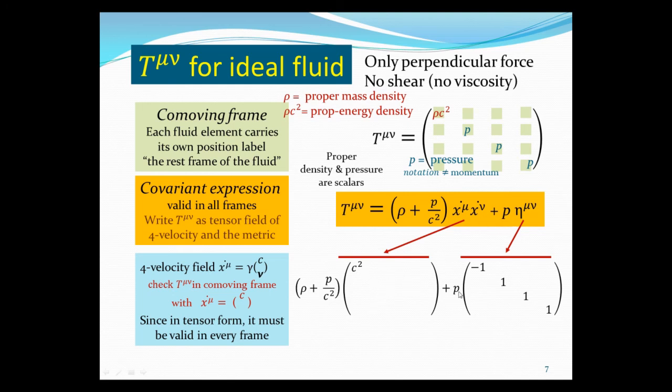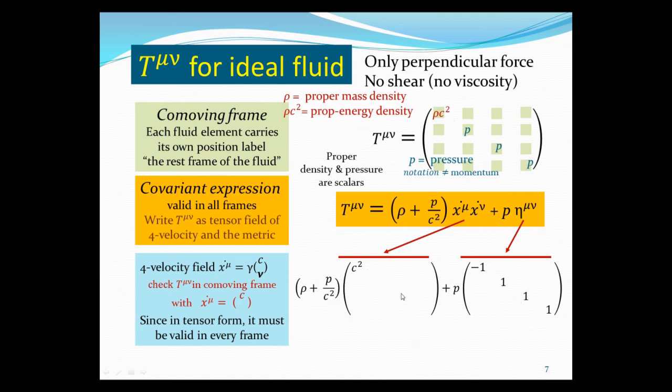For the second term it is p times the inverse metric, which is minus 1, 1, 1, 1. Putting these together, I have rho c squared plus p, and from here I have minus p. The pressure cancels, so I'm left with rho c squared.